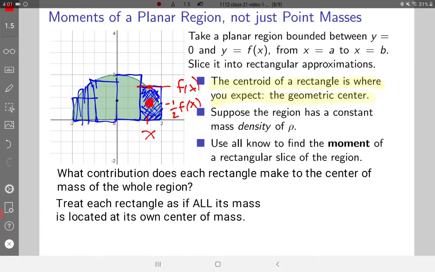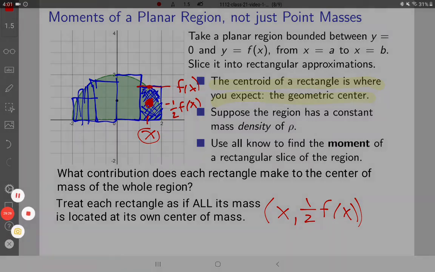And so it turns out that the center of mass of the rectangle has these coordinates, x comma 1/2 f of x, because that's the geometric center of that rectangle. I've chosen its x value to be right in the middle, and its height is f of x, so halfway up the center is 1/2 f of x.